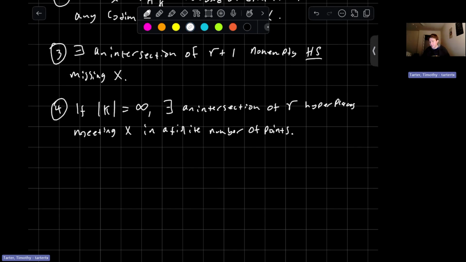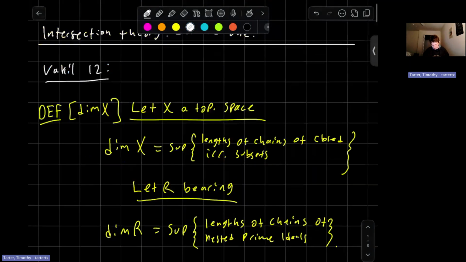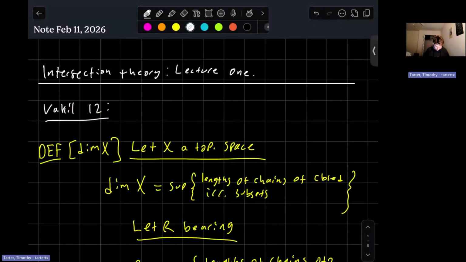Okay. This is actually very important. Maybe this is what I start tomorrow with, actually. Okay, hold on. I'm going to write a list of things to start tomorrow with.